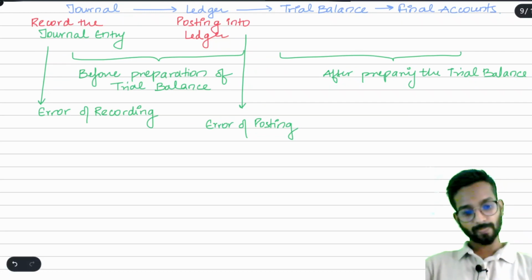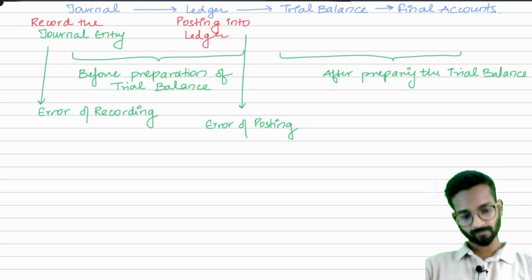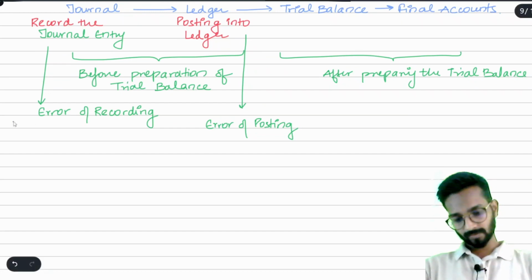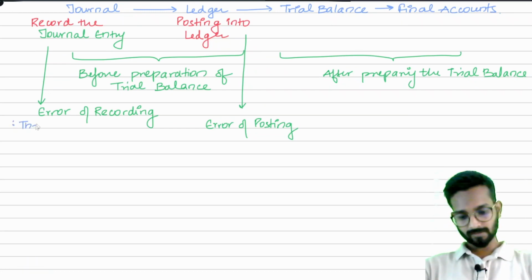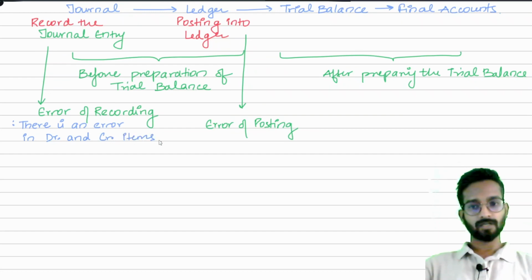How? See, when an error of recording has been done, then you can say that there is an error in debit and credit items. Understood?